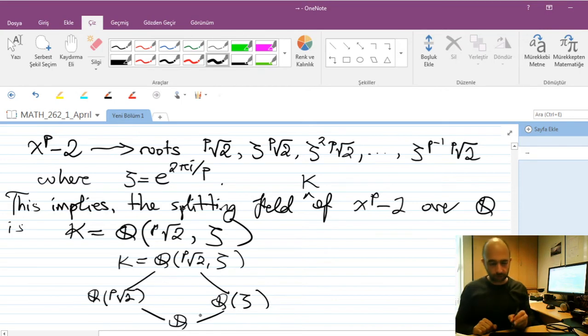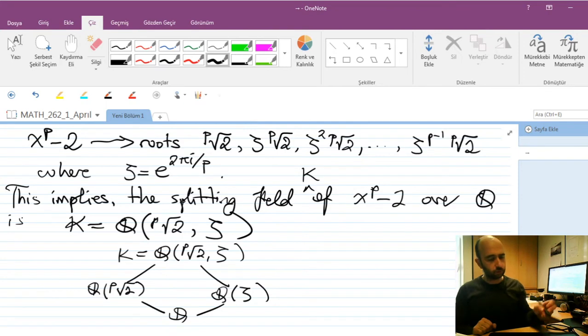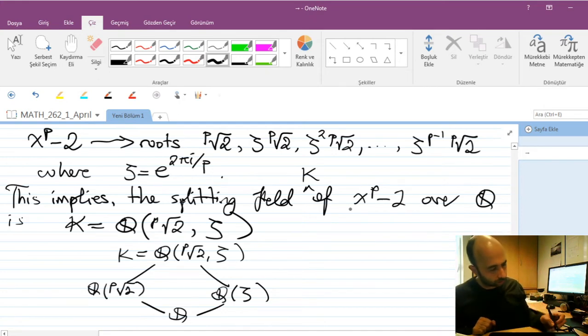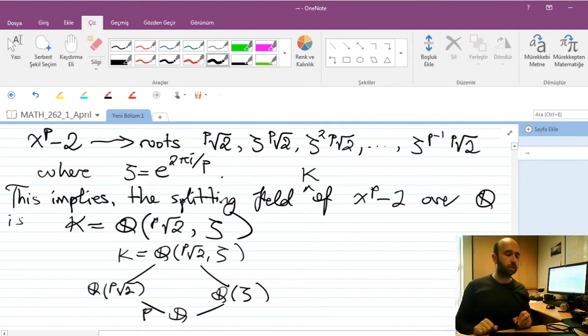Now, we know something about these degrees. First of all, the p-th root of 2 has minimal polynomial exactly x to the p minus 2. This polynomial is irreducible by Eisenstein's criterion or otherwise. Therefore, this degree here must be p.